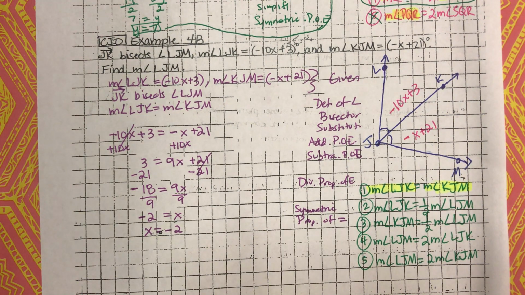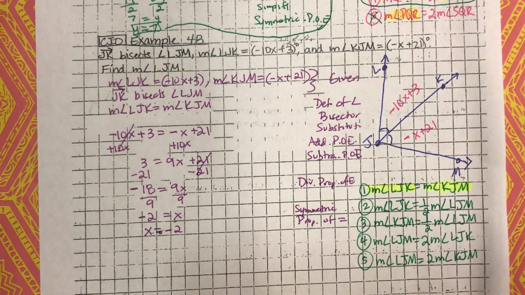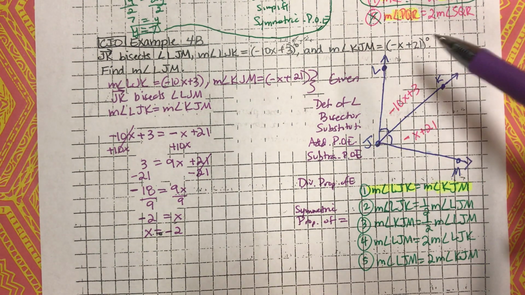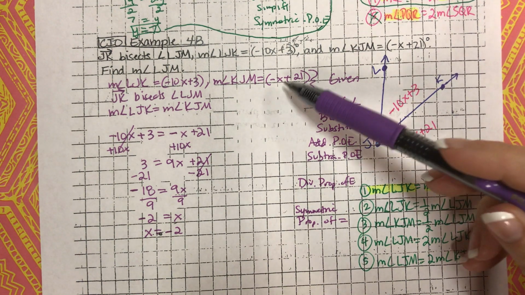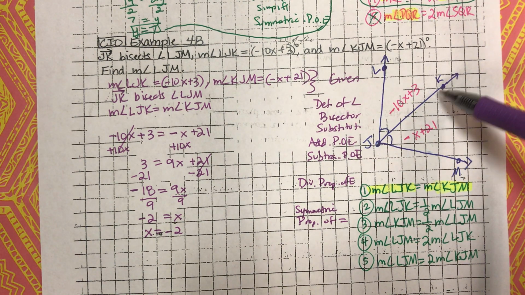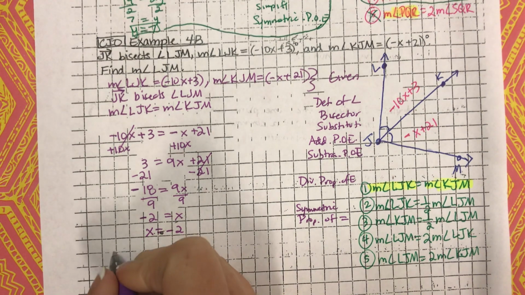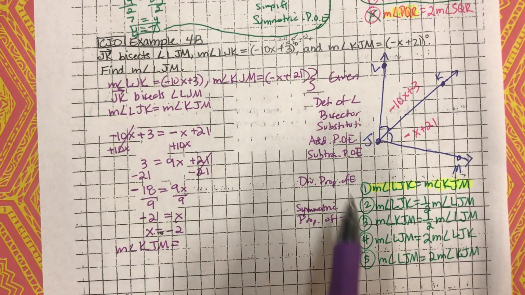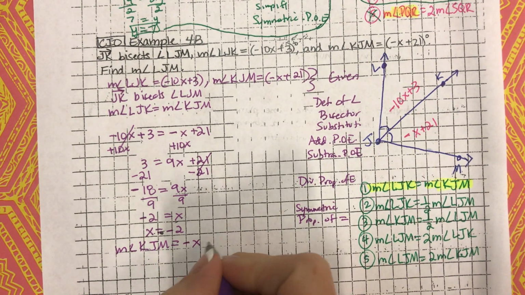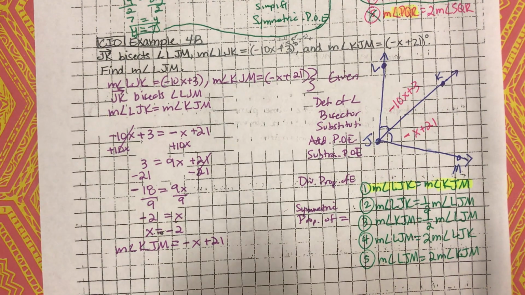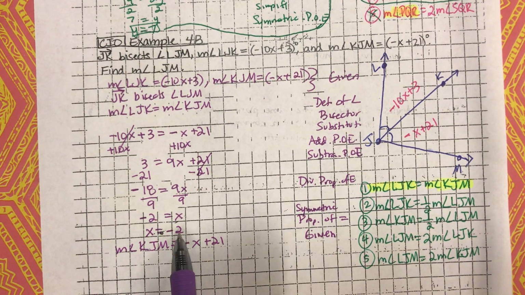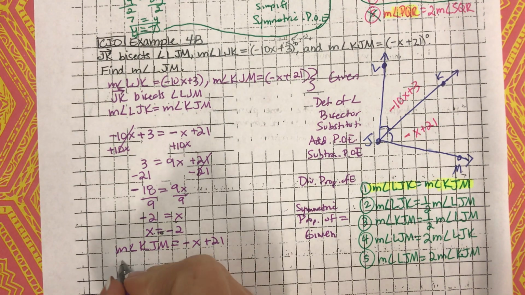Okay, so that is the symmetric property of equality. So from here, we could just take one of these and plug x in. So let's just take, how about this one right here, KJM. So the measure of angle KJM is equal to negative x plus 21. All right, that is given information. And then what I'm going to do is just stick that negative 2 in for x.